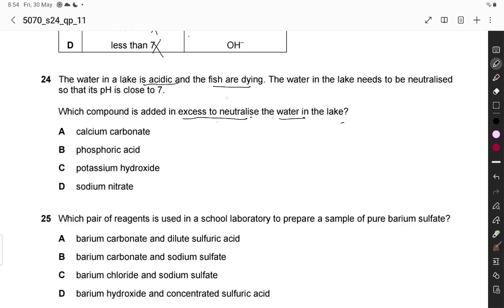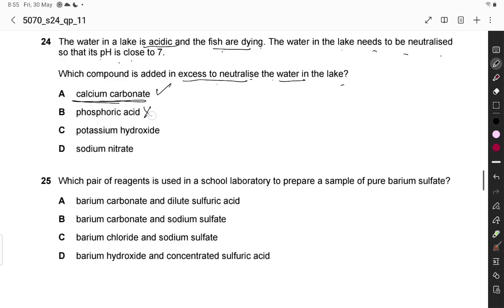The lake is acidic and fish are dying. The water in the lake needs to be neutralized so that its pH is close to 7. So calcium carbonate can be correct, because when it reacts with the lake water, carbon dioxide is formed.